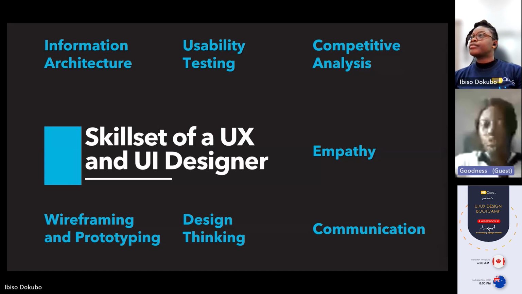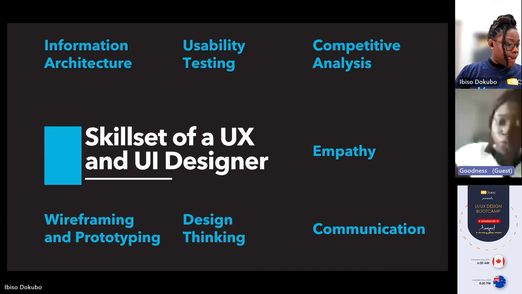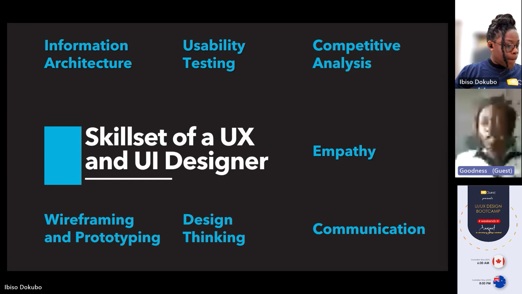I know they want users to get excited, but it can get overwhelming, and you have to consider this when you're designing a website, right? So one of the skill sets you need is being able to design the information architecture, to perfectly design your interface to showcase information in the right way to users, right?